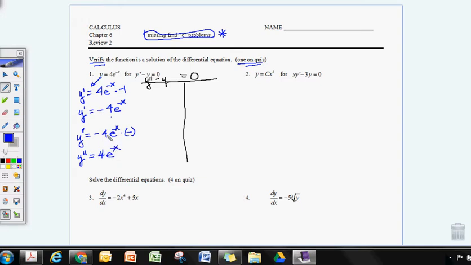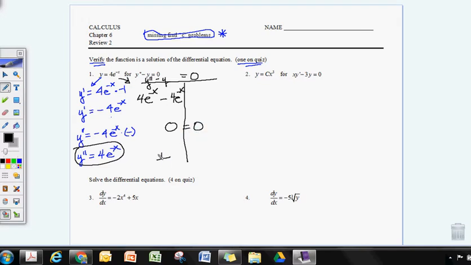Okay, so now back into my T, wherever I see that y double prime, I am going to put 4e to the negative x there. And I am going to subtract y, which happens to be 4e to the negative x. And look at that. 0 equals 0.